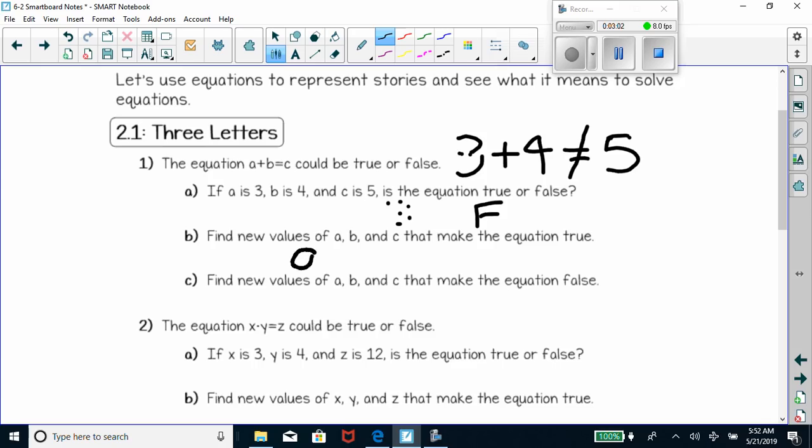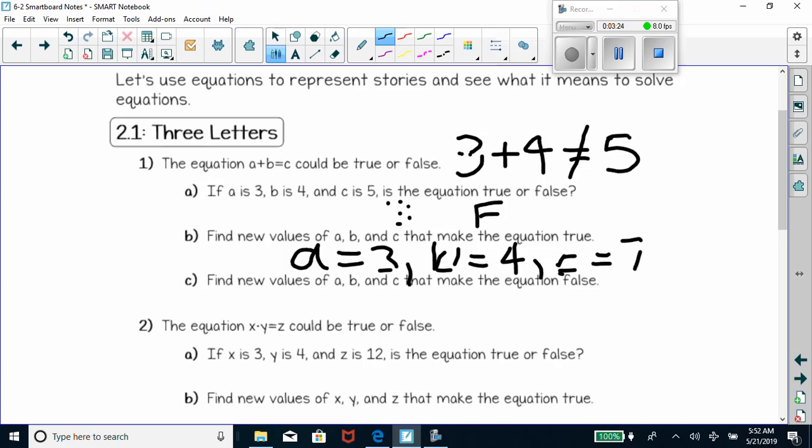So we could say, all right, we're still going to let A equal 3, B equal 4, and C equals 7. And now we do have a true statement. 3 plus 4 does equal 7.